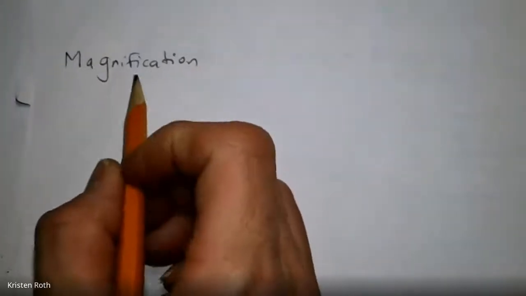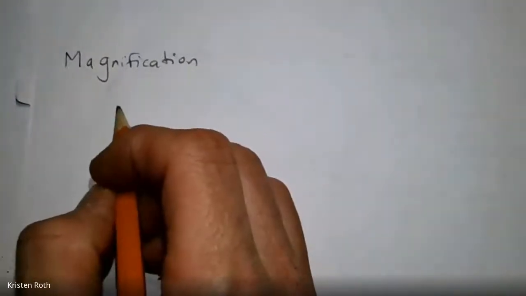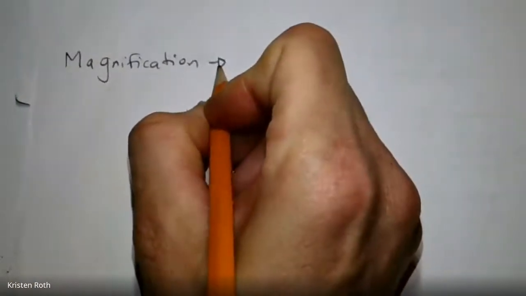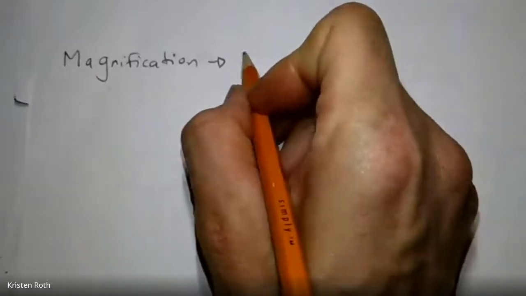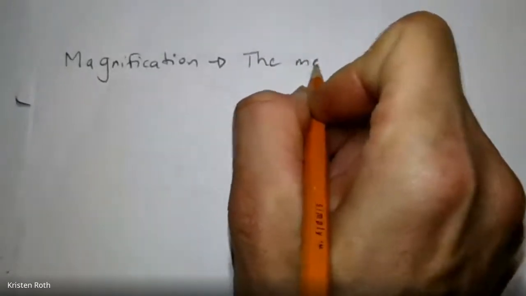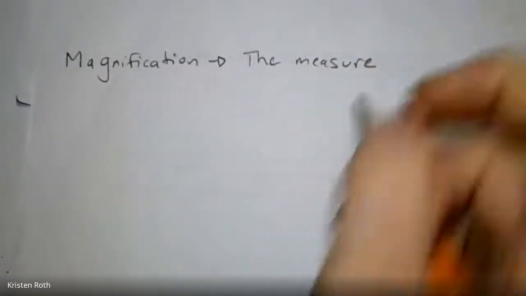Okay, so magnification. In that part where it says magnification definition, you can write in: the measure of how much larger or smaller an image is compared to the object itself. I'm trying really hard to be neat.